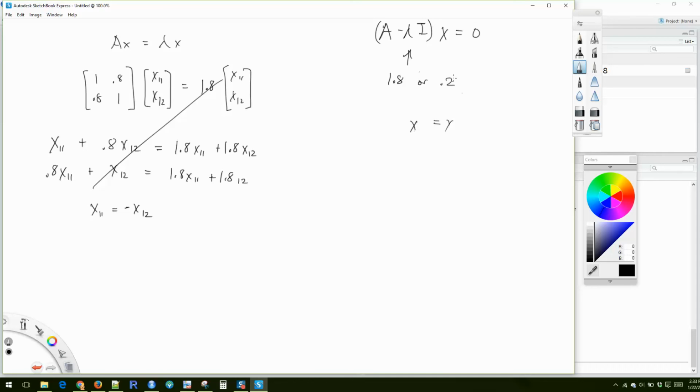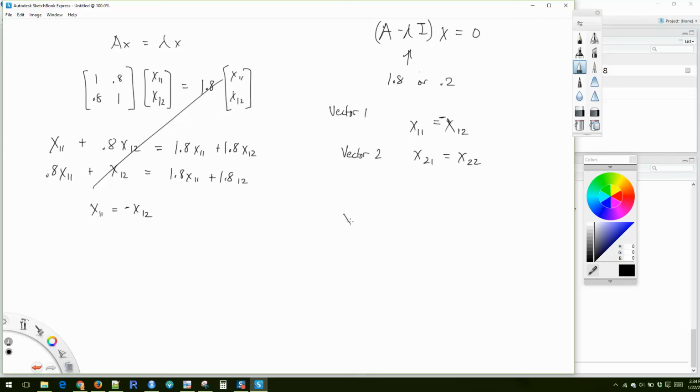You plug in 1.8 or 0.2 into this, and when you solve these, for one vector, your vector 1, you get that the first component is equal to the inverse of the other one. And for the other vector, the two components are the same. So what are we supposed to do with this? Well, it's customary to make your eigenvectors unit vectors.